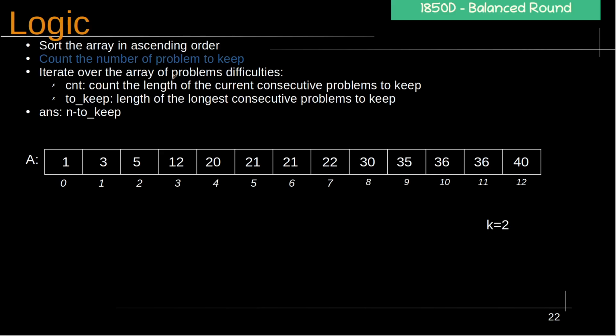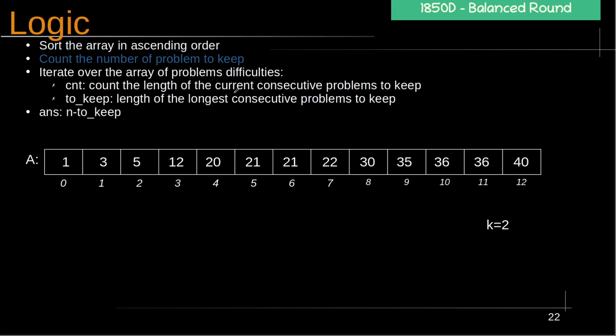Iterate over the array of problem difficulties, and we have two variables. Let's call them C and T. C will count the length of the current consecutive problems to keep, and T will count the length of the longest consecutive problems to keep.